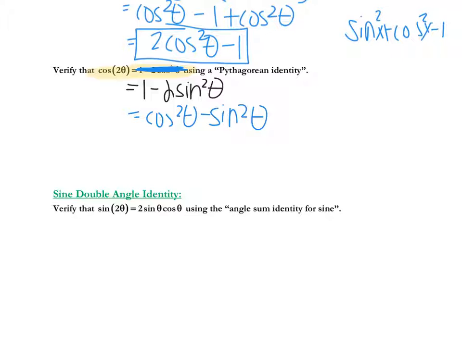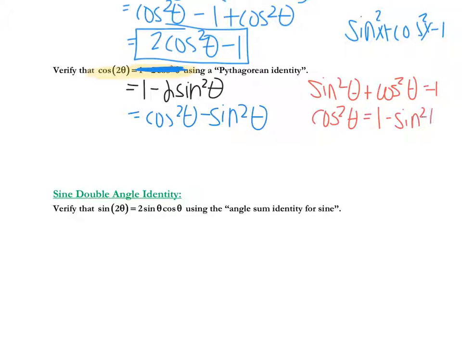Off to the side, we know that sine squared plus cosine squared equals 1. If I want to get everything in terms of sine this time, we want to isolate the cosine here. So cosine squared equals 1 minus sine squared.